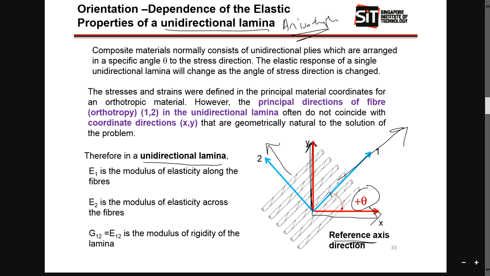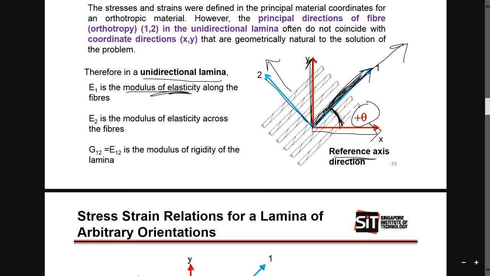Because of the angle, this is your modulus of elasticity in this direction, and this is E2, perpendicular to E1. And the G1 are just your shearing, that's all.